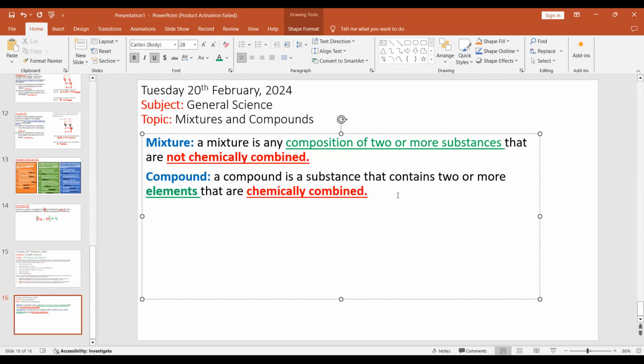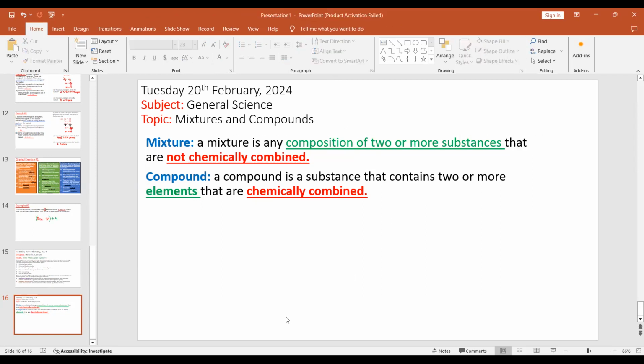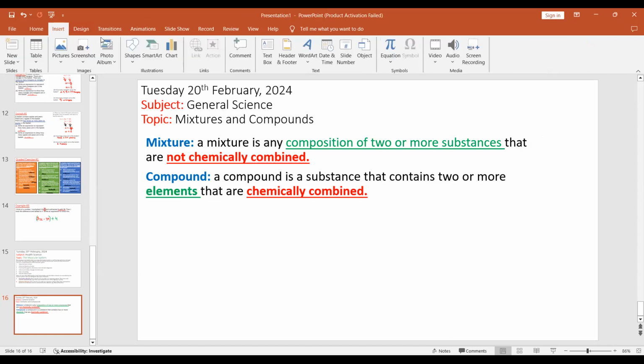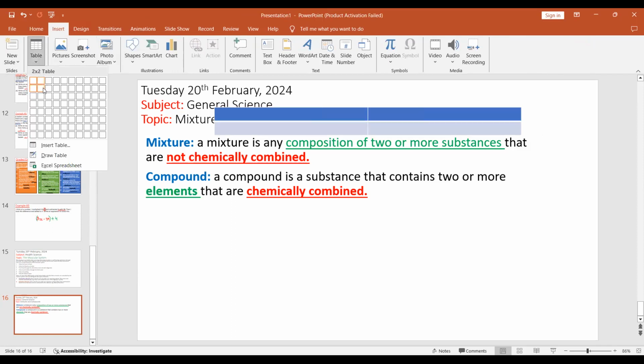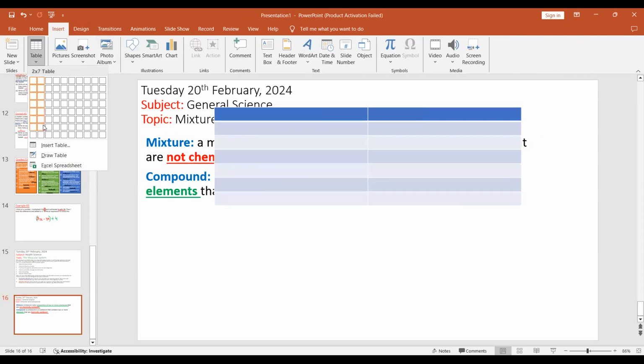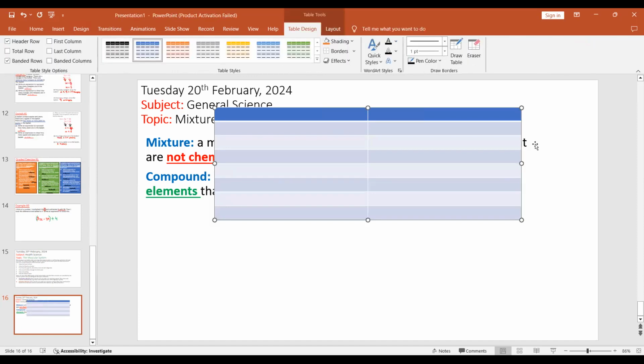Okay, so let's look at some examples of mixtures in everyday life, and then we can look at some examples of compounds in everyday life. So we need 2 tables. Mixtures in everyday life, and then we're going to do compounds in everyday life. So you need a table that has 2 columns and 8 rows.